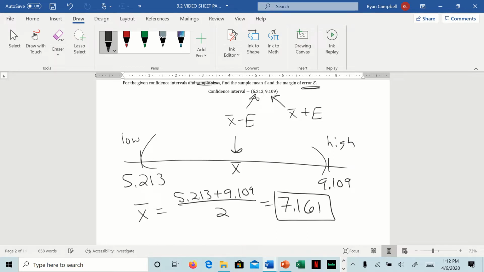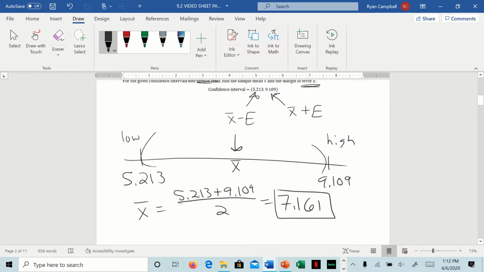Now I just need to find the margin of error. Well, remember the low is X bar minus E. The high is X bar plus E. And since we have X bar right dab in the middle, and it's 7.161, we can see that this should be E. You had to subtract E to get to the low number.